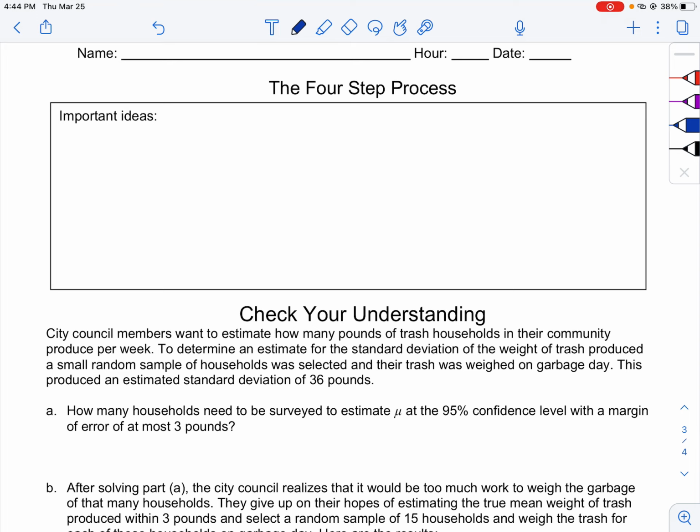We just need to remember our formula for t star, which I also put on the previous page, on the previous lesson I meant. And don't forget DF is n minus 1. And our name of the procedure.